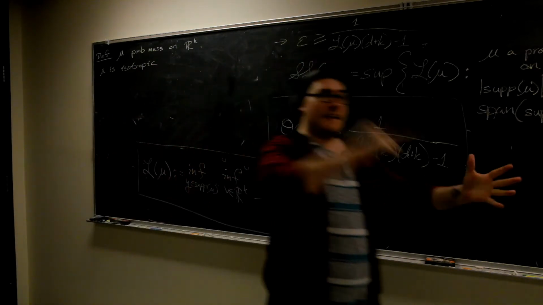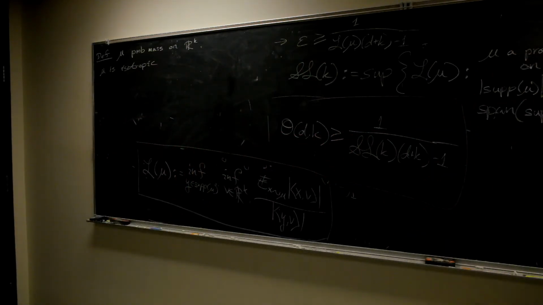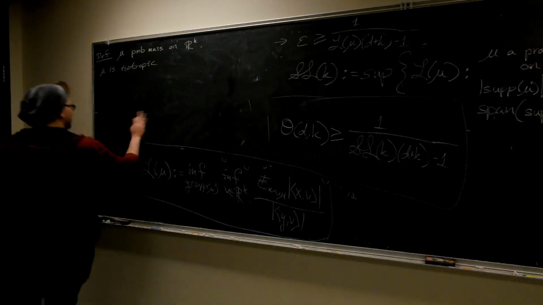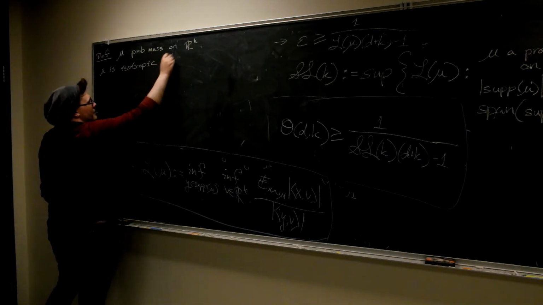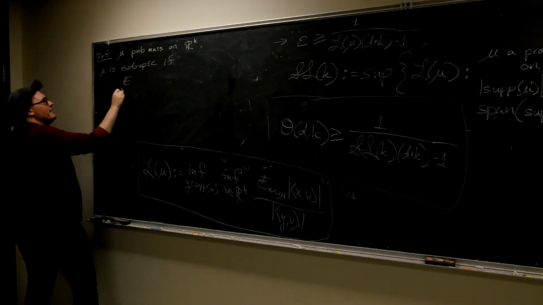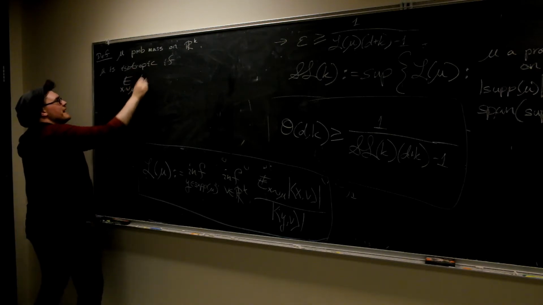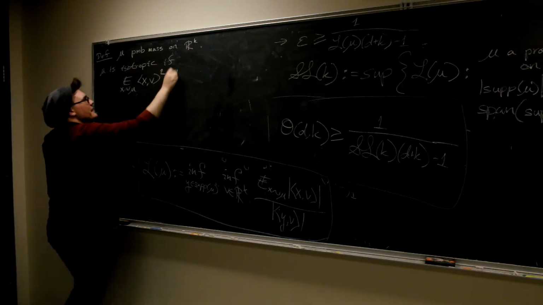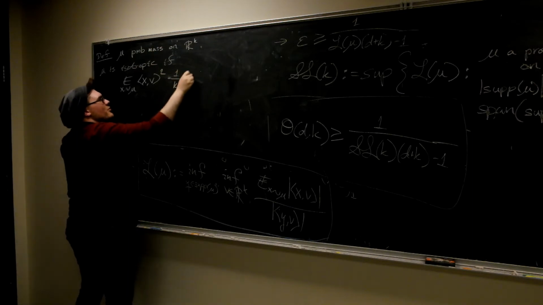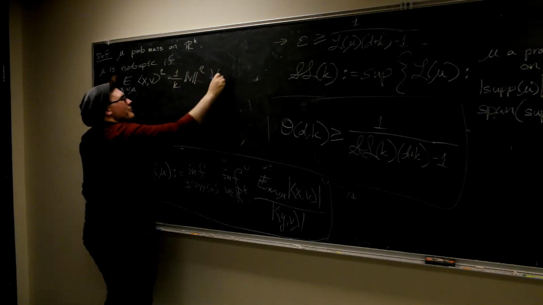I can project any vector on it and just add up the inner product squared and get the norm of the vector itself. And this is what isotropic is. If the expected value of x distributed according to mu of inner product of x with v squared is 1 over k times the norm of v squared for every single v.